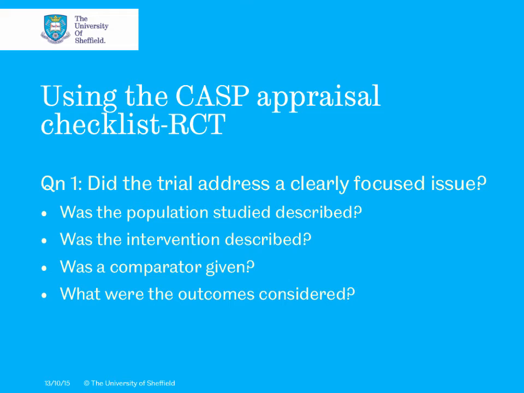For example, the population might be school children, the intervention fluoridated milk, the comparator either no milk or milk with no fluoride in, and the outcome dental caries. So that's the first question.